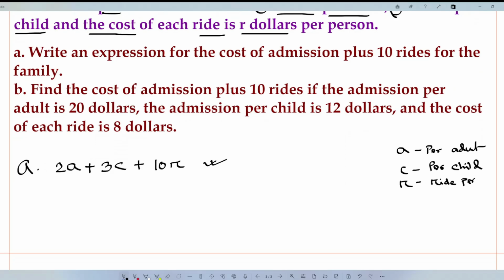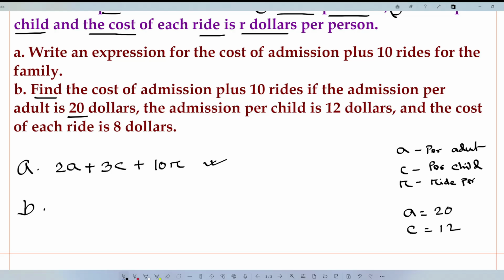Number B. Find the cost of admission plus 10 rides if the admission per adult is $20. Per person, A means 20. The admission per child is $12, it means C equals 12.